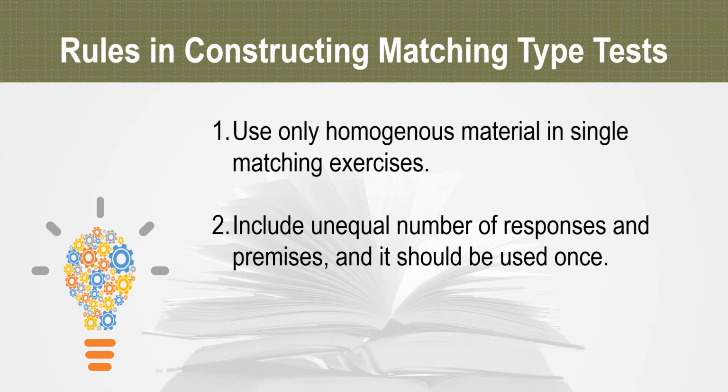Meaning to say, as a recap, your responses are located in column B, and your premises are located in column A. So column B, or the responses, must be more in number compared to column A. For example, if your column A or premises has 5 items, your responses must consist of 6 items to make it unequal.